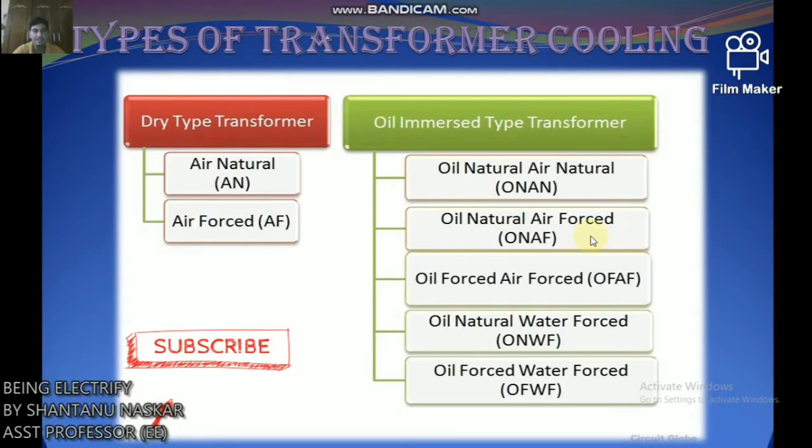Basically there are two types of transformer. One is dry type transformer, another is oil immersed type transformer. Based on these two types, there are several types of cooling method. For the cooling of transformer, the following cooling methods are listed below. For dry type transformer, air natural, which is AN, and air forced, which is AF. For oil immersed type transformer there are 5 types.